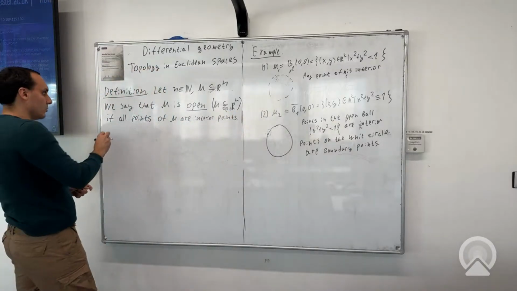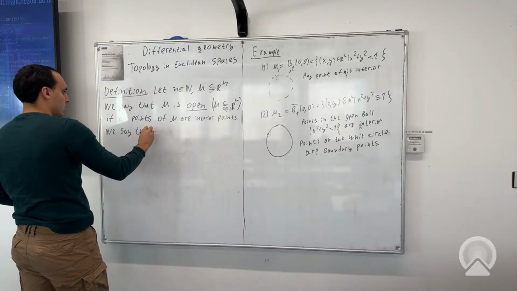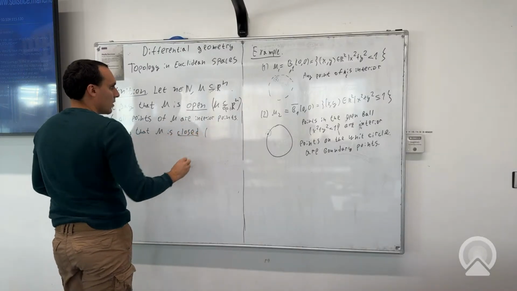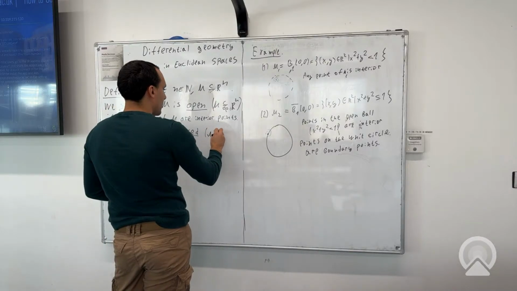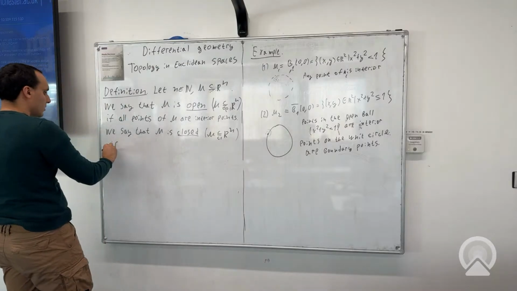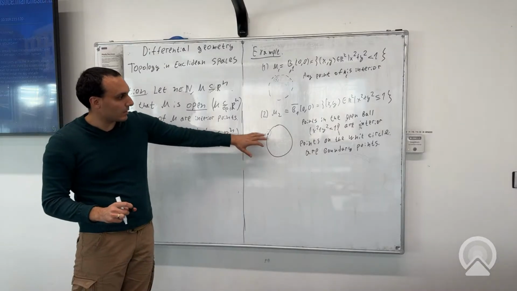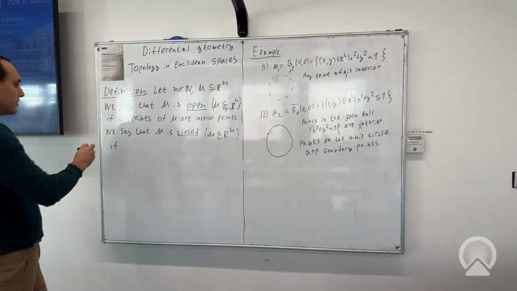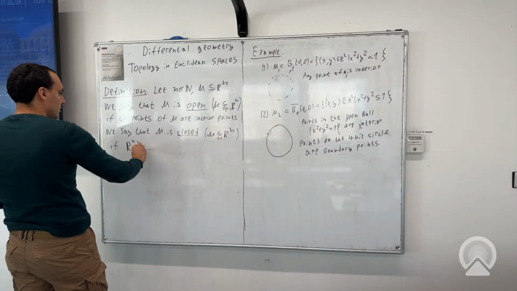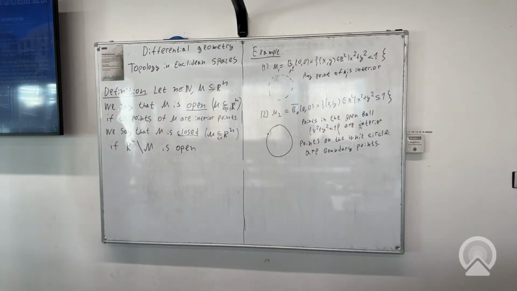And we say that it's closed, let's say C in Rn, if its complement is open. Maybe we can define it as a set that contains its boundary, but the standard definition is that Rn minus M is open.